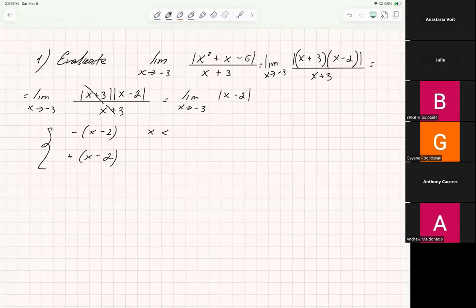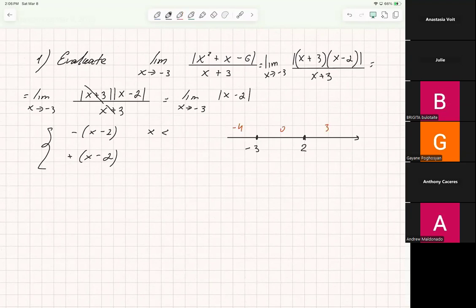Oh, actually, yeah, we need to draw the number line, right? To check what we have. Okay, so the critical values are here -3 and 2, right? So we need to check here, let's say -4, 0, and 3, right?